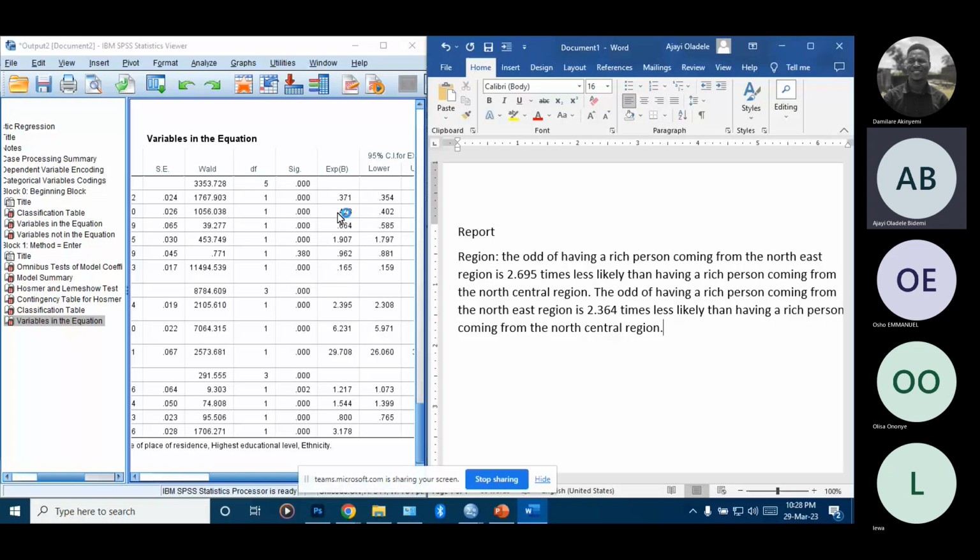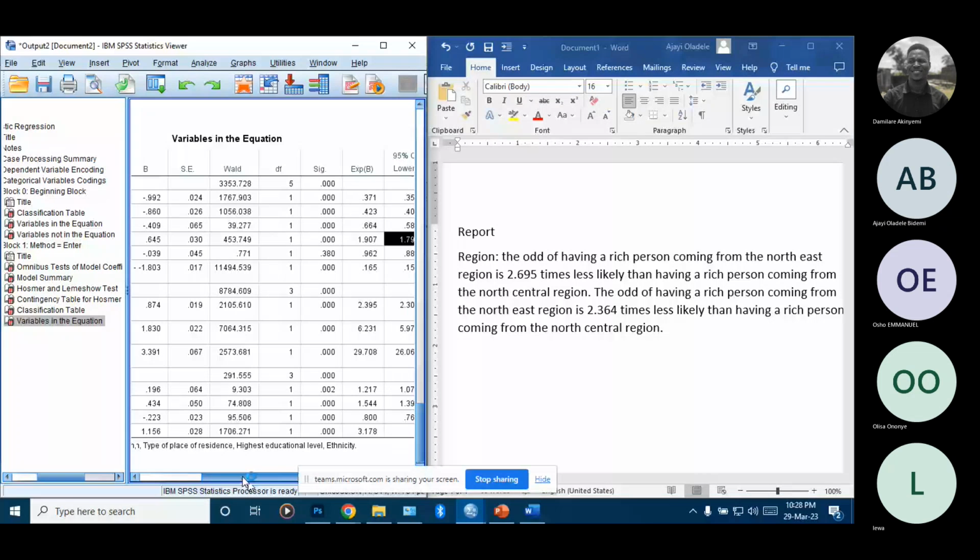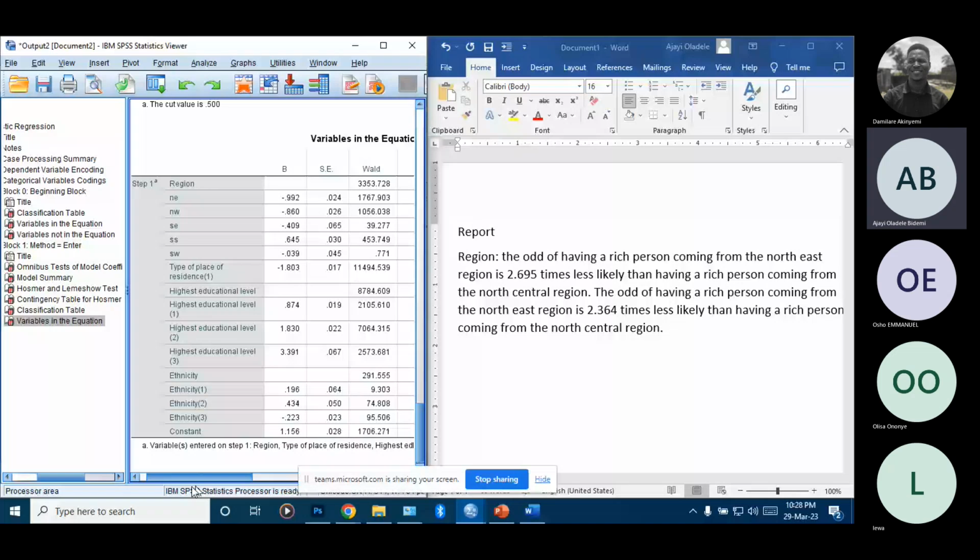Now, let me jump to this one that is greater, which is for, I think, South.